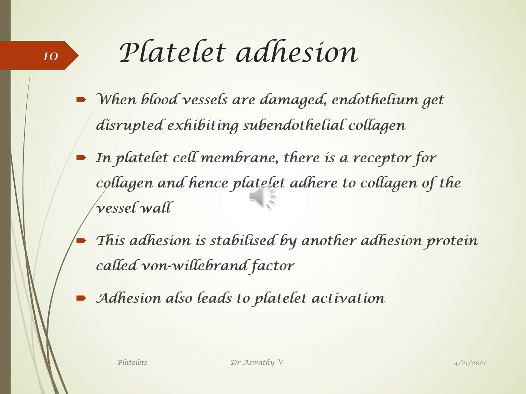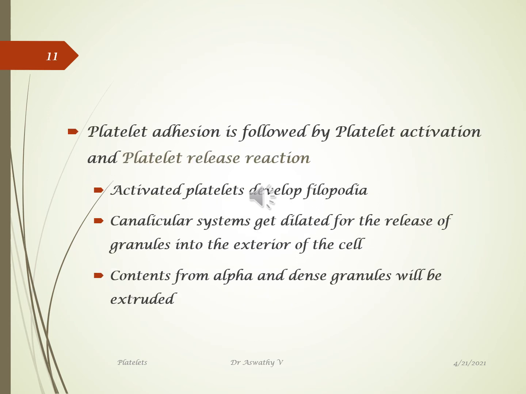First, platelet adhesion to the subendothelial collagen, and then this leads to platelet activation. When platelets get activated, they develop philopodia. The other nearby platelets also develop philopodia, and they are attracted to the site of disruption of the endothelium.